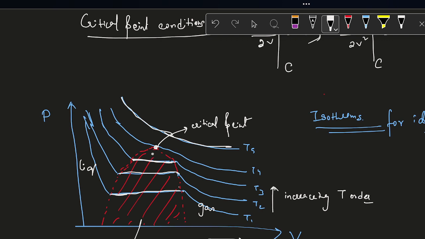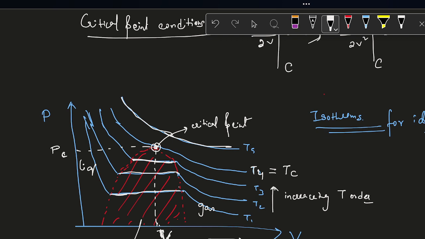This tells you that this critical point has a particular value assigned to it, which is a standard value. So this critical point, you can mark it on the P-axis as Pc. This is the critical point pressure, and on the V-axis, this is Vc. And the isotherm T4 on which this critical point appears has a particular significance, that this is not some ordinary temperature, but this is called the critical point temperature or Tc.